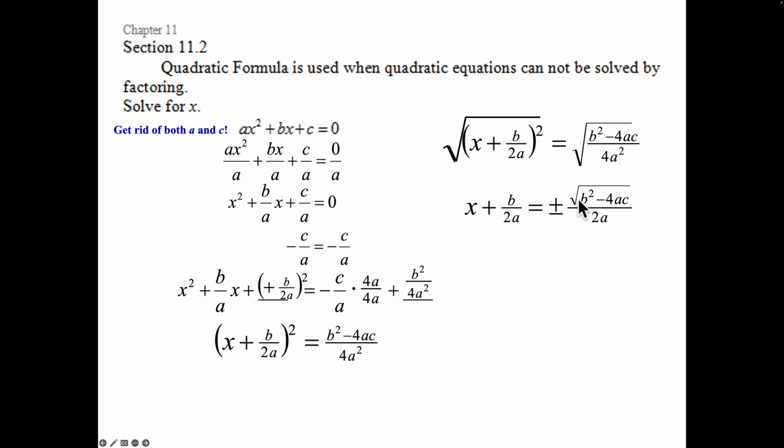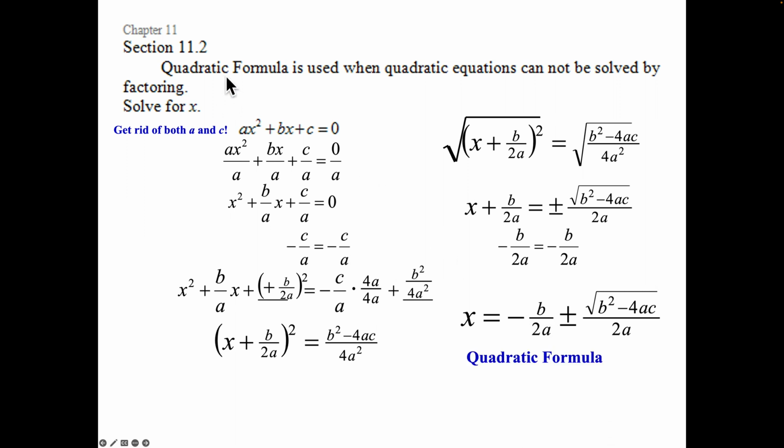Absolutely not. It's a binomial. It's all of it or none of it. So plus or minus the square root of b squared minus 4ac all over 2a. Subtract over the b over 2a, and you've just solved it for x. And ladies and gentlemen, boys and girls, you just created the quadratic formula.